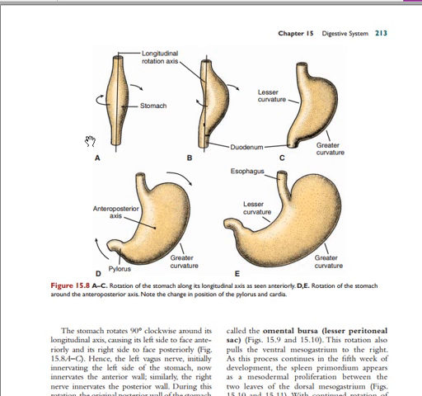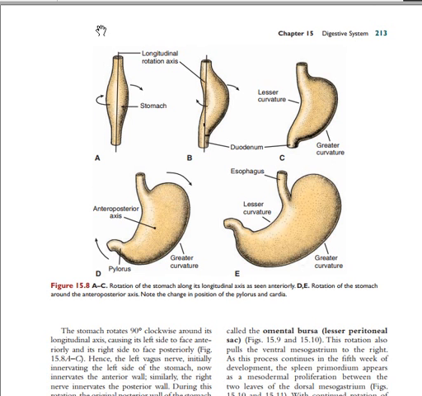Now you also need to know that initially the vagus nerve, which comes from the head and neck, is subdivided into 2. Let's say that the embryo is facing me. This is going to be his right side, and this is going to be his left side. So here you need to know what comes from the head and neck part of the vagus nerve. You have the right and the left vagus nerve.